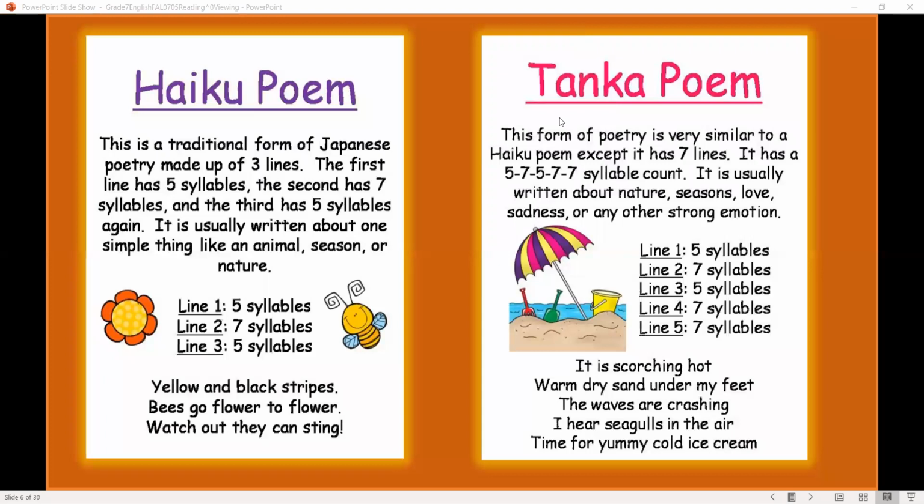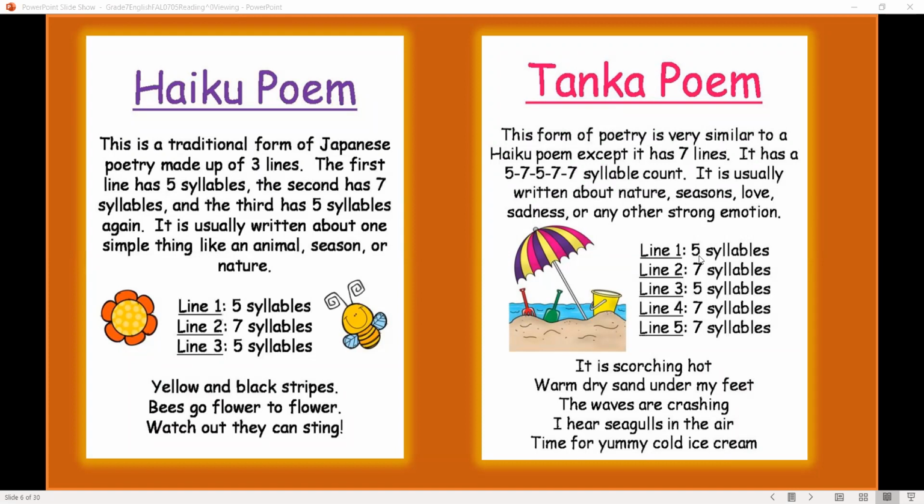So it's also got the 5 and 7 syllables, but it has 5 lines. Okay, so it has a count like 5, 7, 5, 7, 7 syllable count. Okay, and it's also usually written about nature and seasons, but it also can be written about very strong emotions.